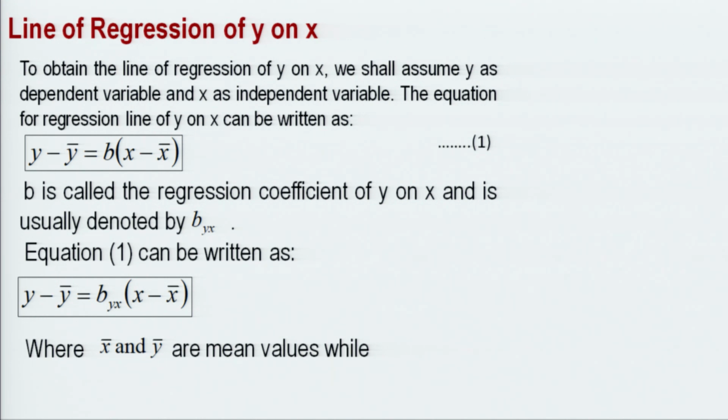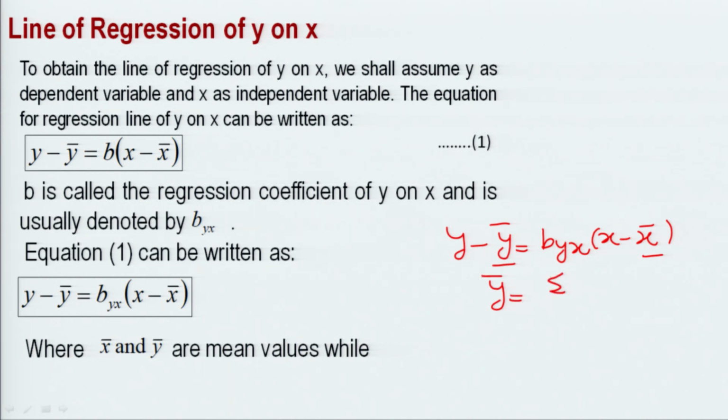The equation of regression line of y on x can be written as y minus y bar is equal to byx times x minus x bar. What is y bar and x bar? Y bar is the mean, represented by summation y upon n, and x bar is equal to summation x by n. Here byx is the regression coefficient.